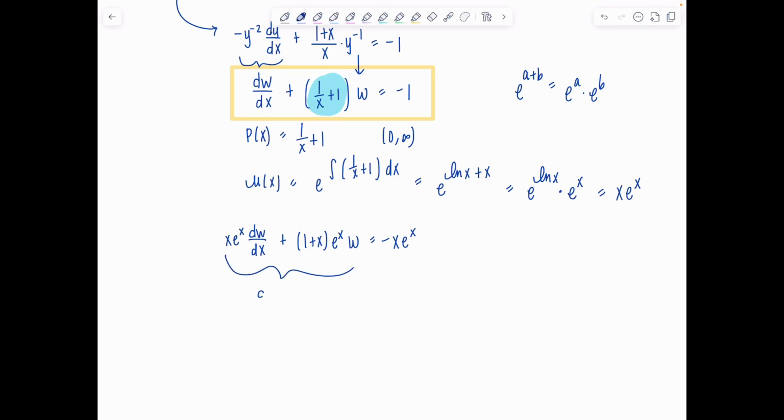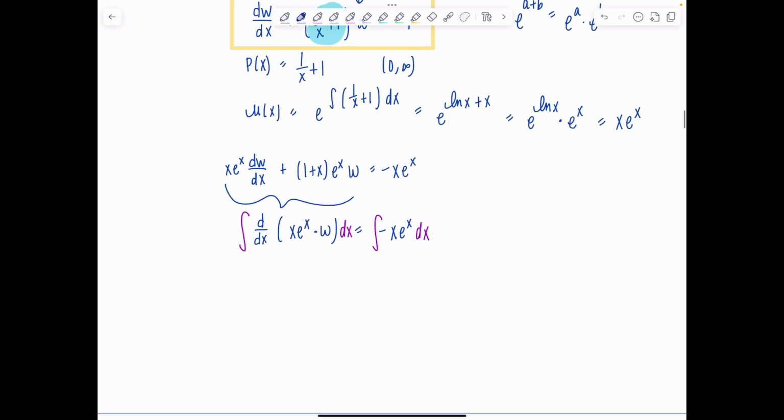Perfect. Now the left-hand side is the derivative with respect to x of the integrating factor times w. And then here we just have negative x e to the x. I'll leave it as an exercise for you to verify that indeed it is the derivative of x e to the x and w, and then we can proceed to integrate both sides with respect to x.